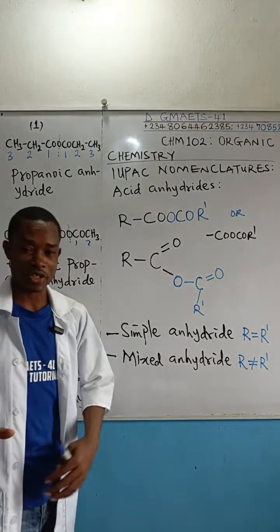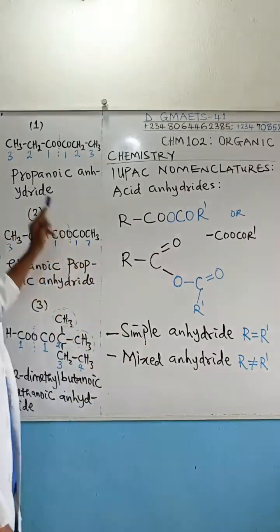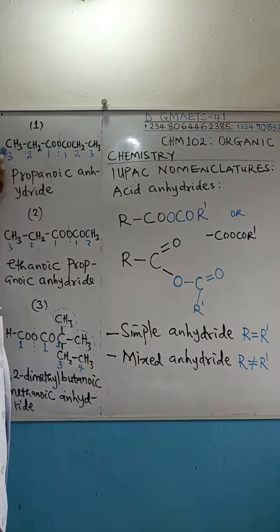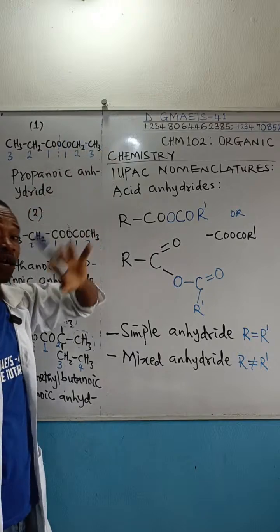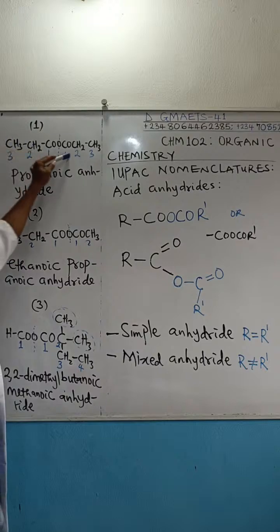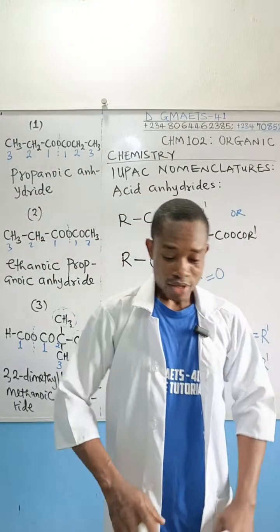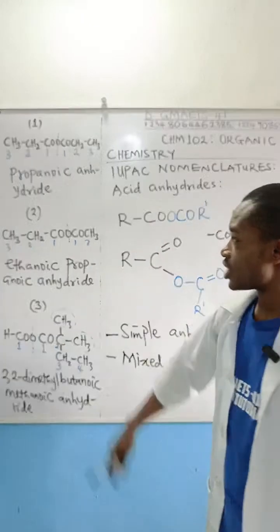In case you see such a thing, it is also allowed. Are you following, right? It is allowed where you have the same number of carbons here and the same number of carbons here. It's simple. So you mention propanoic acid. You can do that. So that is it, and we are done with acid anhydride.